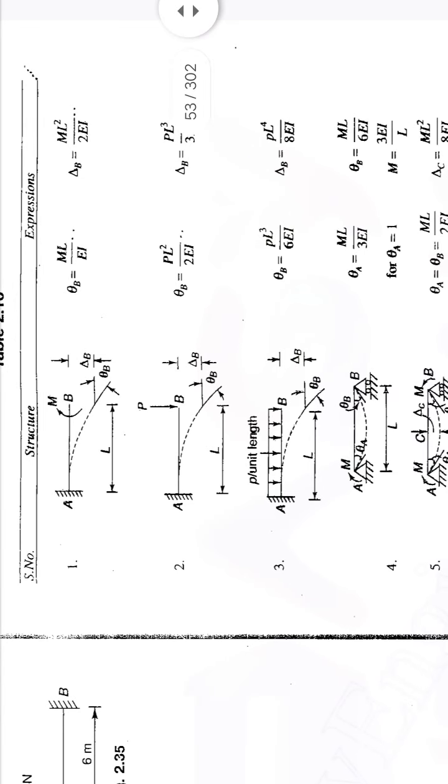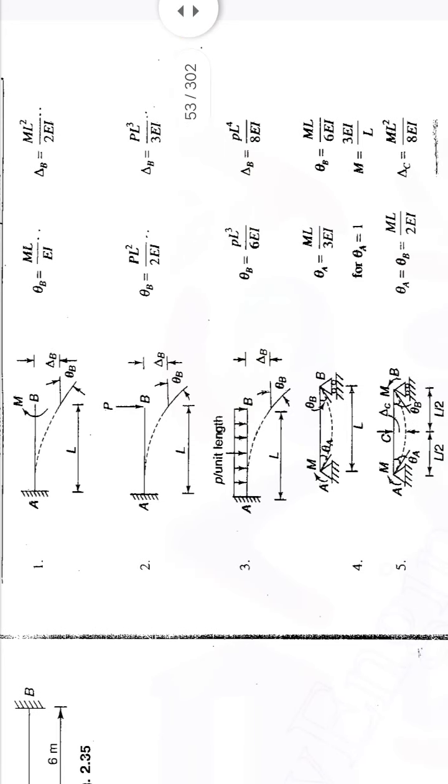Similarly, if we have a point load, then theta b is equal to PL square by 2EI, and delta b is equal to PL cube by 3EI. These formulas are important.